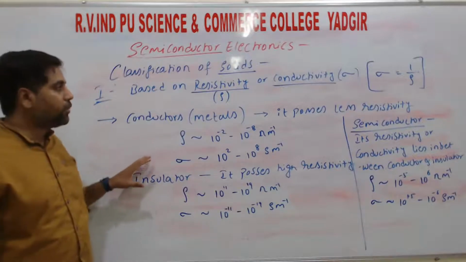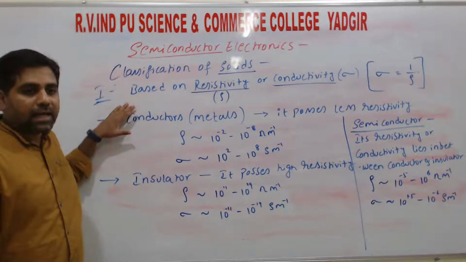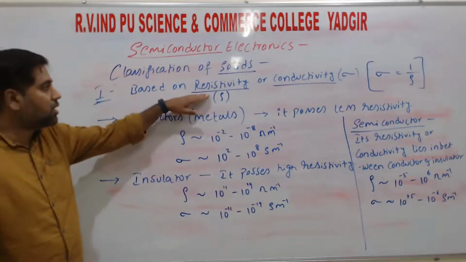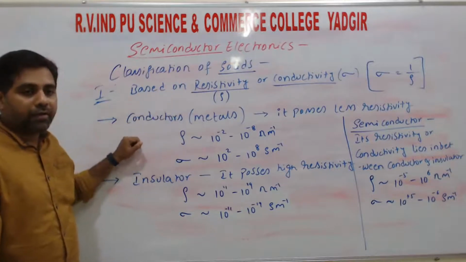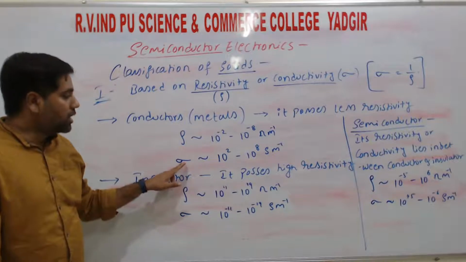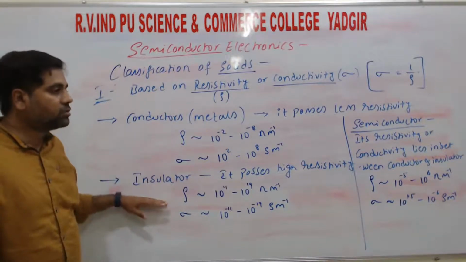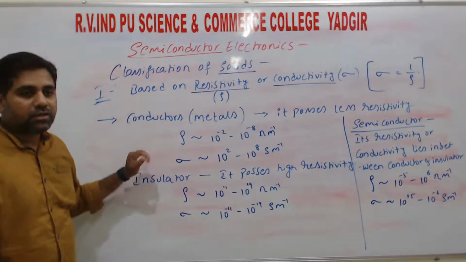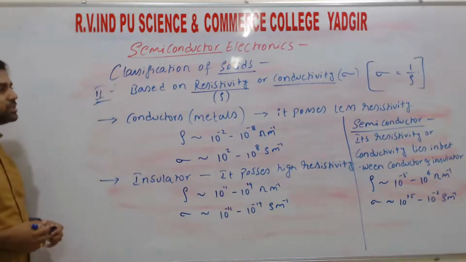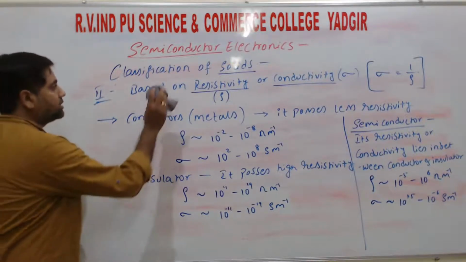So this one is the first type of classification, which is based on the value of the resistivity or conductivity. The second type of classification of the solids is based on the valence band or energy bands.